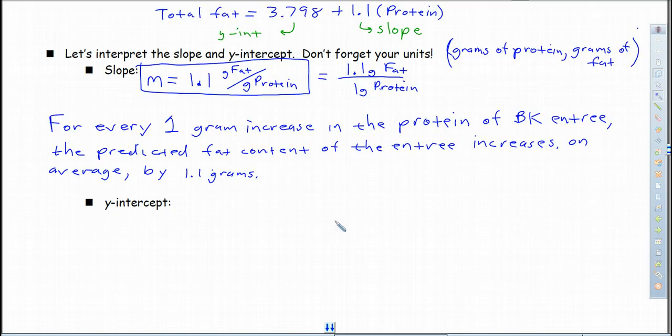So for every gram increase in the protein of a BK entree, the predicted fat content of the entree increases on average by 1.1 grams.